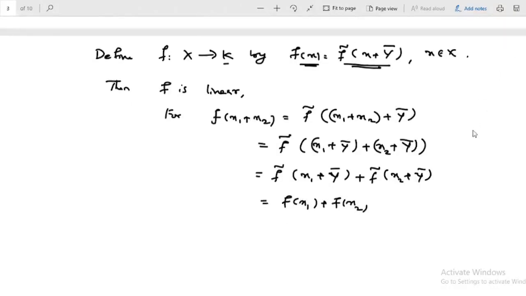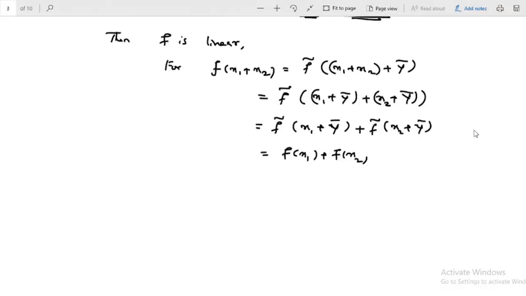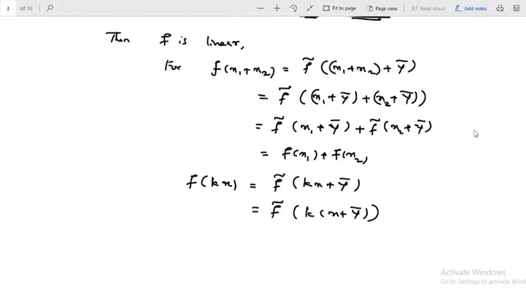And similarly coset in the multiplication ആലോചിച്ച് നോക്കിയാൽ we can scalar multiply in the vector space. We can show that f of k x is equal to f tilde of kx is an element in x, therefore it is kx plus y bar, and scalar multiplication to a coset f tilde of k into x plus y bar.